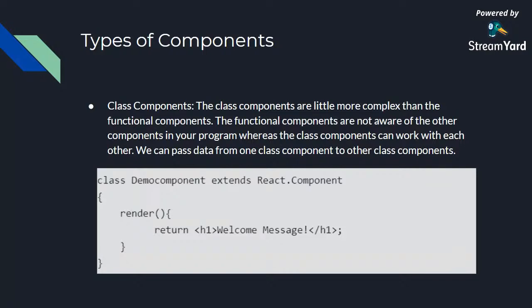Class components can get in contact with other components as well. They can pass data via props. We are going to go through what state and props are in the next set of slides as well. So class components are used whenever we need to communicate with other files or other components, and functional components are used when we do not need to communicate or send data from one to another.